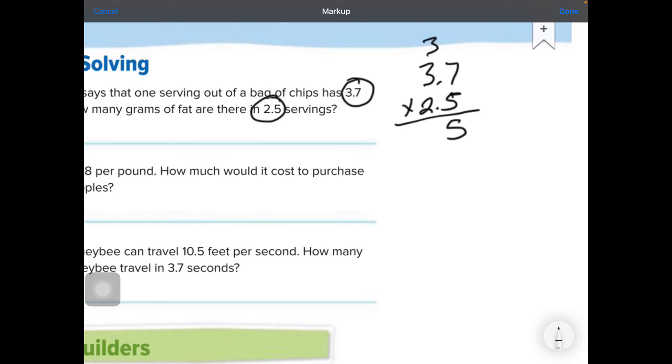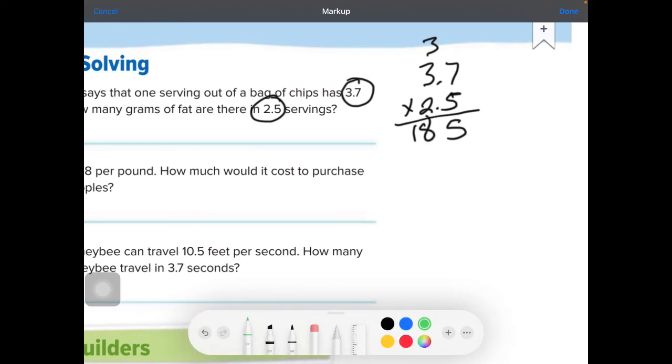5 times 7 is 35. 5 times 3 is 15, 16, 17, 18. Okay, next batch we're going to multiply. 2 times 7 is 14. Put a 0 there as a placeholder. 2 times 3 is 6, plus 1 is 7.